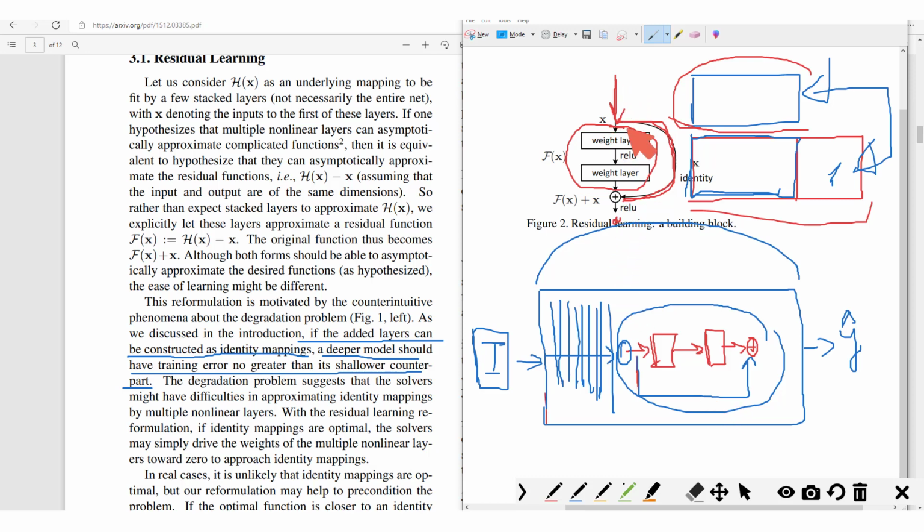And one other argument which accounts for the fact that these residual blocks help in improving the performance of the model is that since we have several paths, this residual model now looks like a combination of several shallow models.